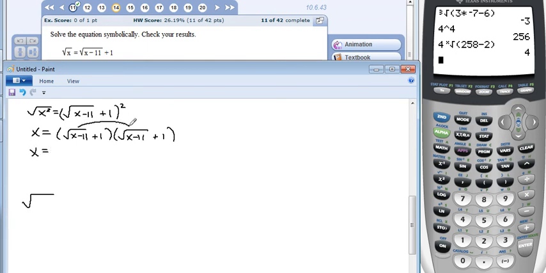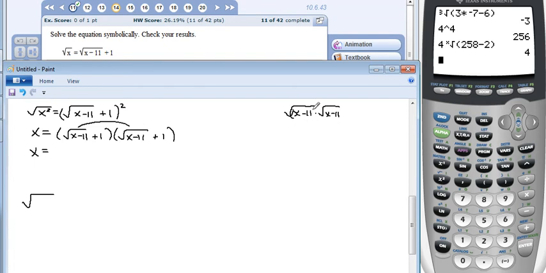First terms. I've got the square root of x minus 11 times the square root of x minus 11, right?